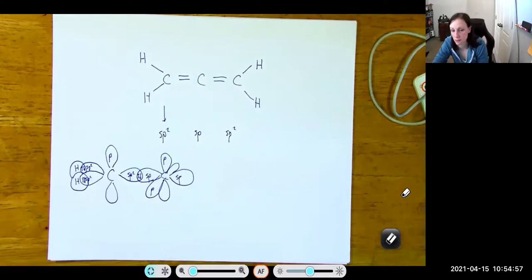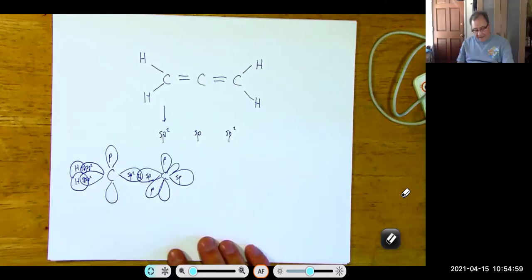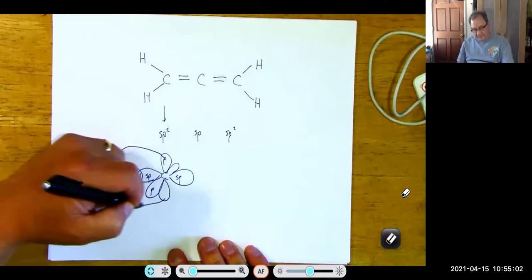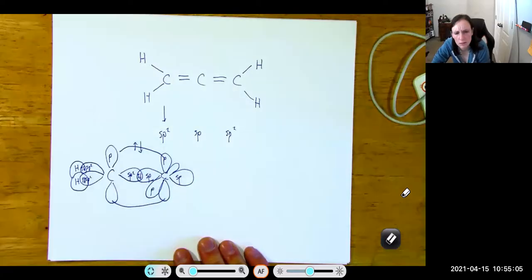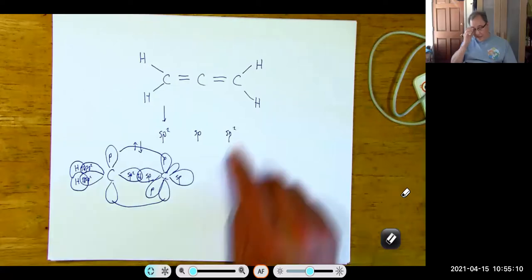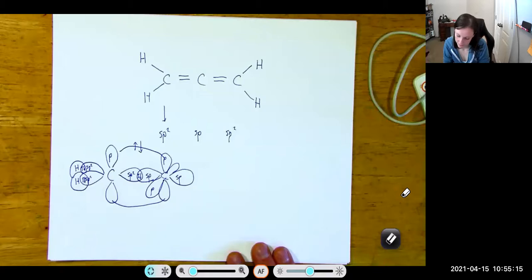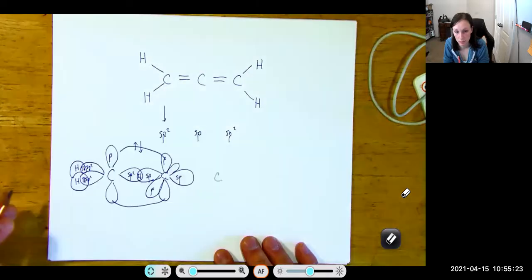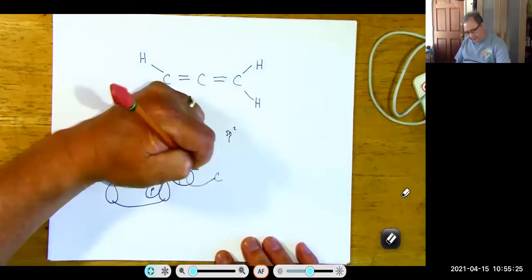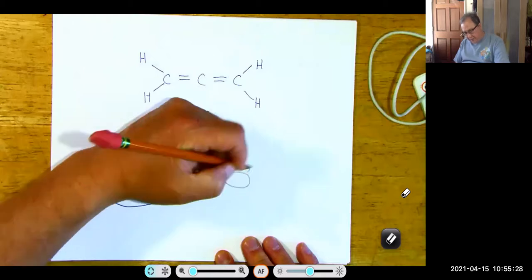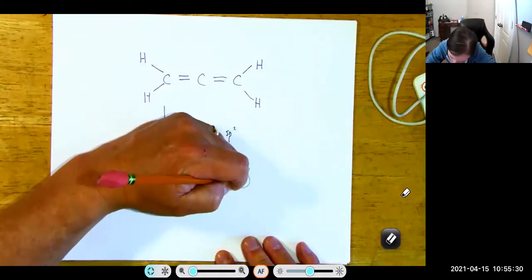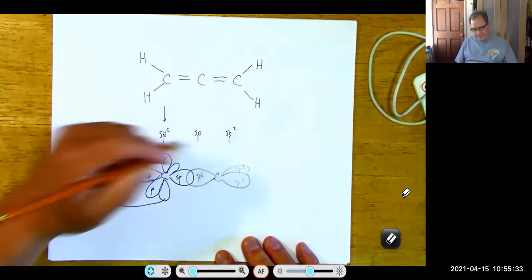On the same axis. So we're going to call that the y-axis. Great. And now, how are you going to draw that last carbon? It's going to be trigonal, just like the other one on the left.